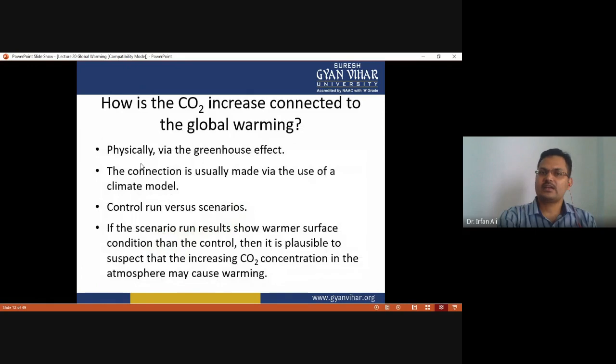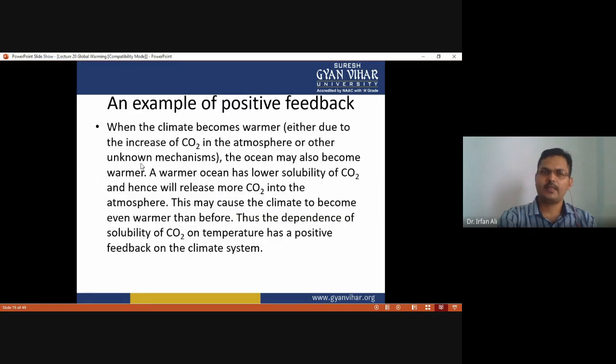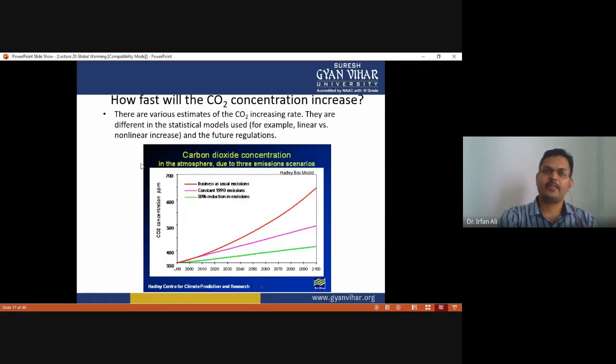And how the carbon dioxide increase is connected to global warming, and how it responds to positive feedback and negative feedback, an example of positive feedback and an example of negative feedback, and how fast the CO2 concentration will increase.